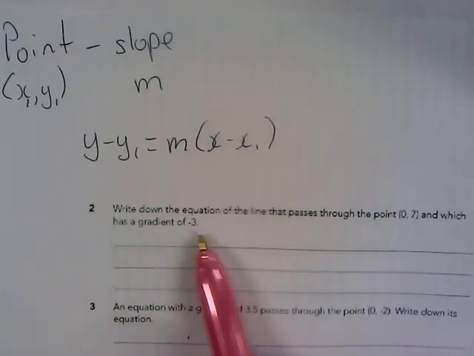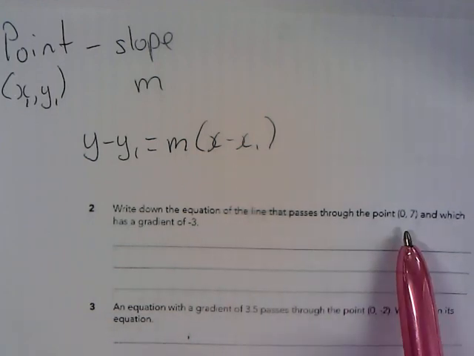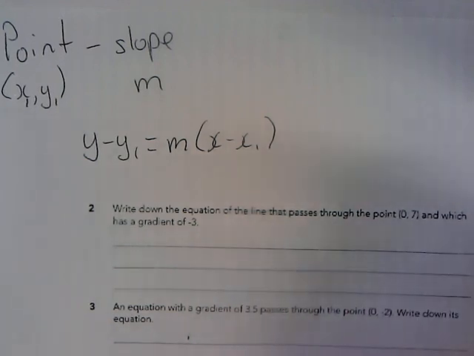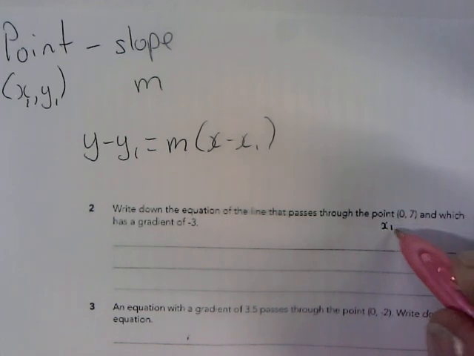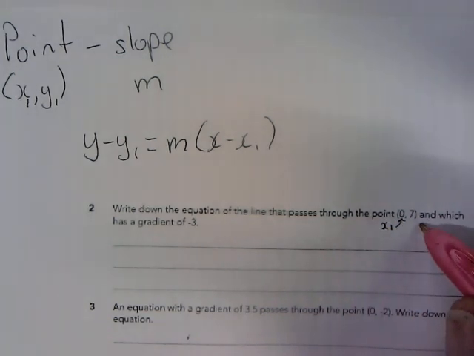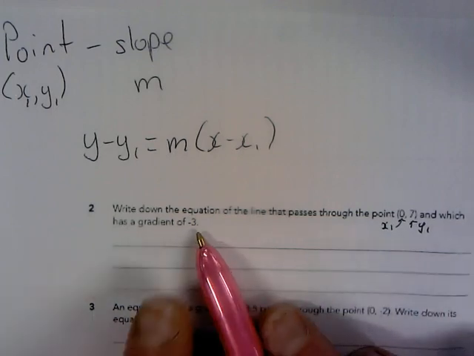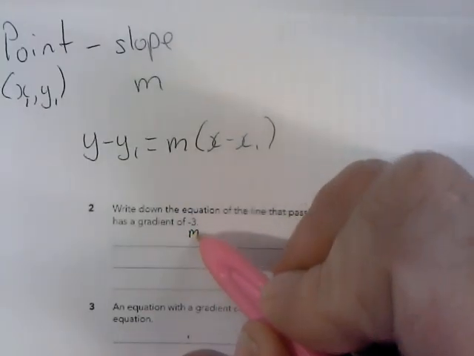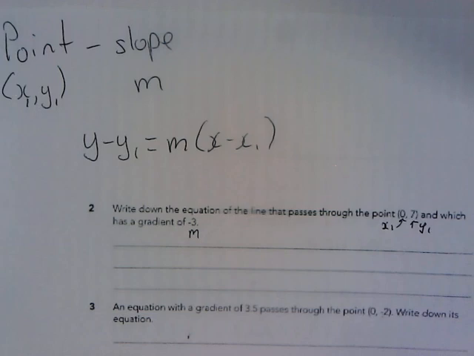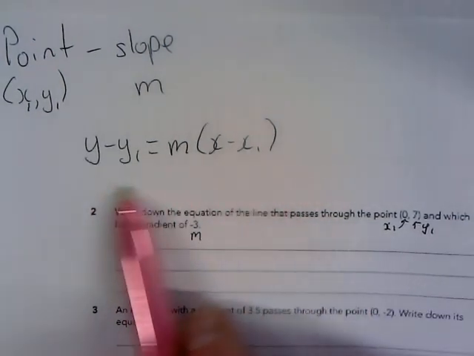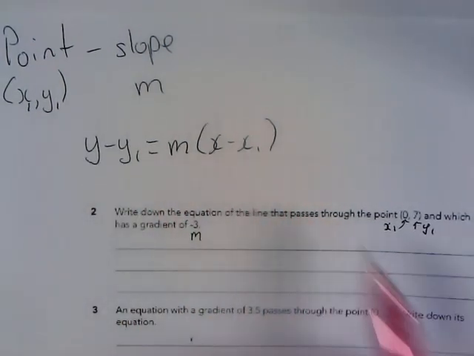Write down the equation of the line that passes through the point 0, comma 7. Well, that 0 has to be the x1, and the 7 has to be the y1, which has a gradient of -3. That is my m. First thing you'll do, substitute those values into this equation.